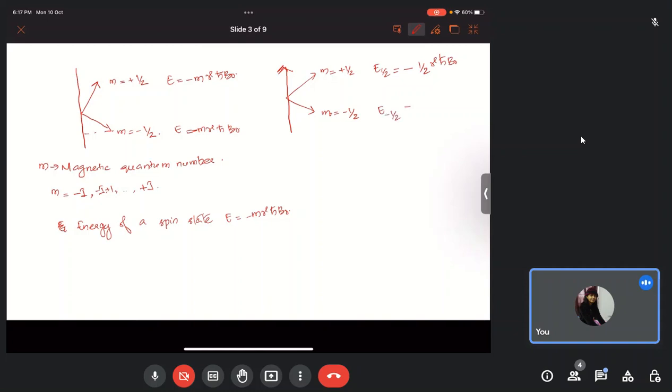E minus half is equal to plus 1 by 2 gamma h cut B naught. You can just substitute m in this particular equation and get this.